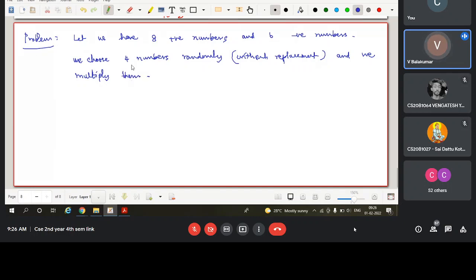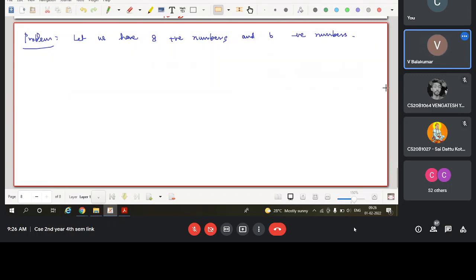If I say "them," it means these 4 numbers. That's why we wanted to write it another way. Let us have 8 positive numbers and 6 negative numbers. 4 numbers are chosen at random. Do you understand the question? We are multiplying them. What is the probability that the result is positive? Think about it.